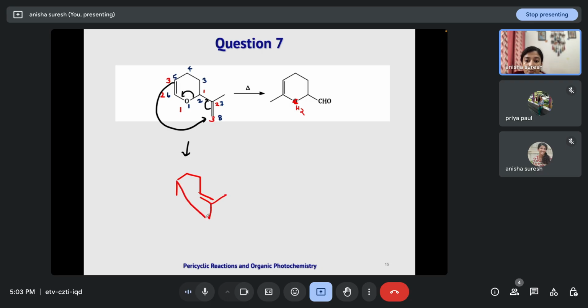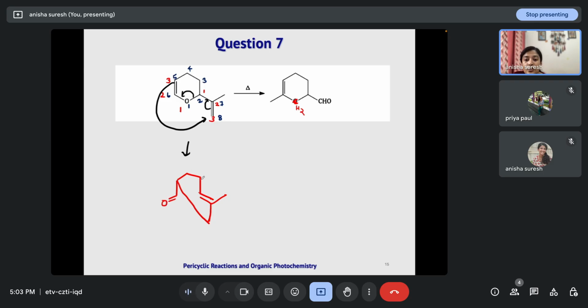So here a new bond is formed between carbon 8 and carbon 5, and here there will be a carbonyl.